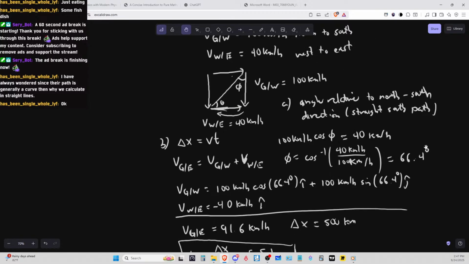So we have to write down what direction this is. If it's going this way, it's going to be west of south. Yeah, west of south. So it has to be 66.4 degrees west of south.